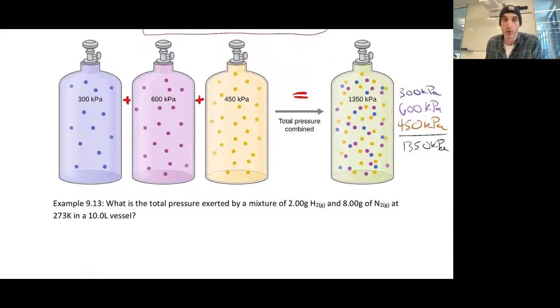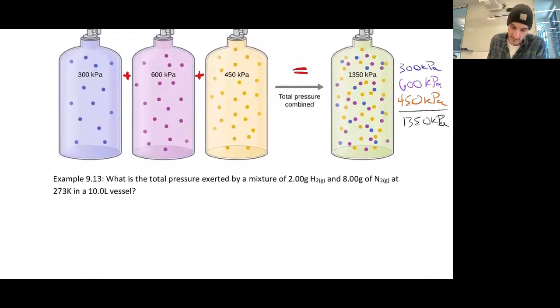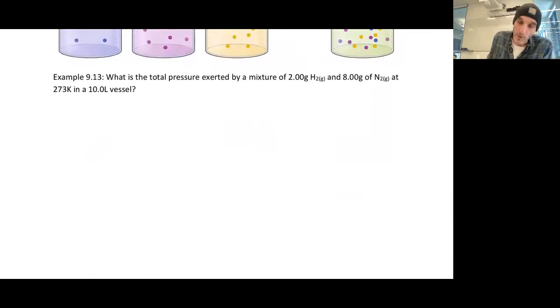What is the total pressure exerted by a mixture of 2 grams of hydrogen and 8 grams of nitrogen at 273 K in a 10-liter vessel? We're trying to figure out these individual pressures. I'm going to ignore the nitrogen for now and look at just the hydrogen.